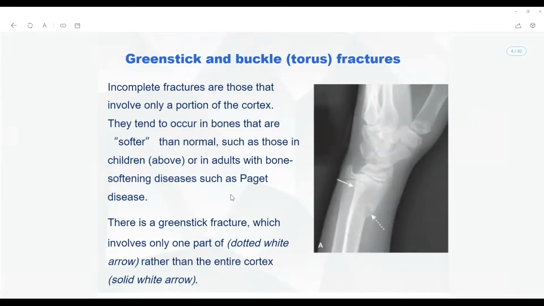It is called a Colles fracture there. A Colles fracture also appears something like this, and the x-ray almost looks the same. But if it is happening in a child, we call it a greenstick fracture. If it is happening in an adult greater than 50 years of age, we call it a Colles fracture. It is happening in the radius and the ulna. We will learn about the names of fractures when we look at the classification of fractures.